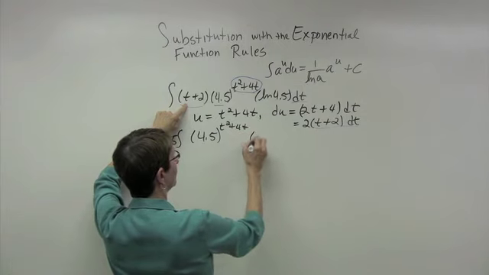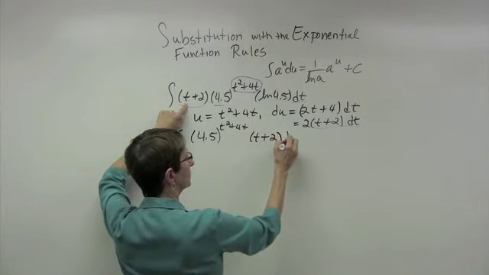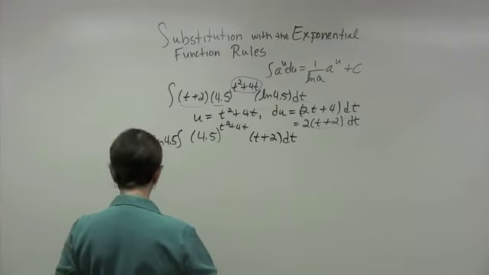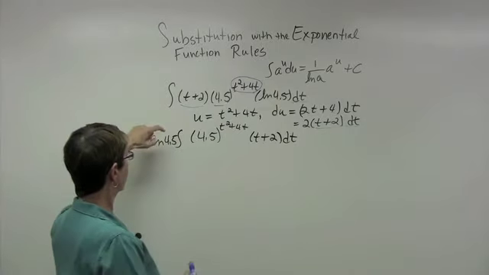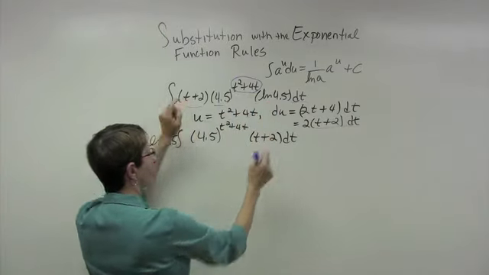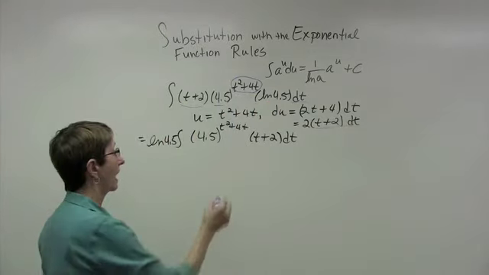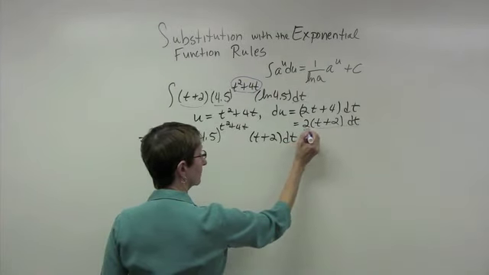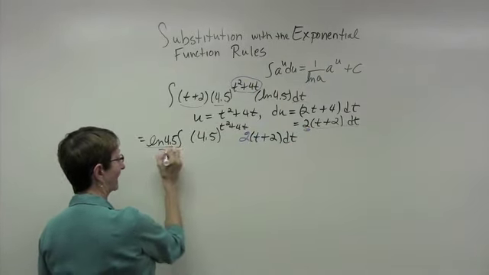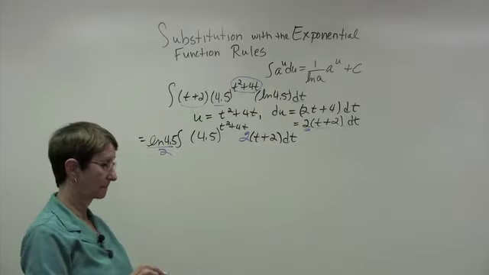Over here, I can now do my t plus 2 dt. I'm missing the 2, but I have every other piece that I need in the integral, but I don't have this 2 right here. So let's put that in and take it out.